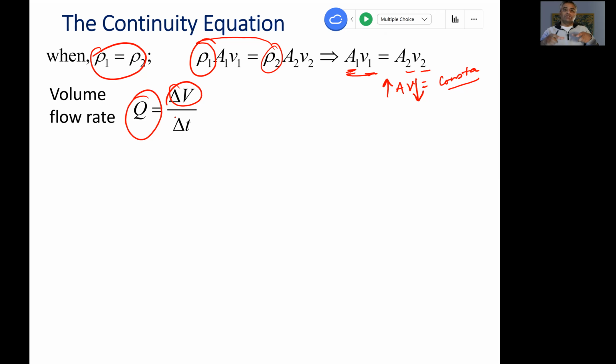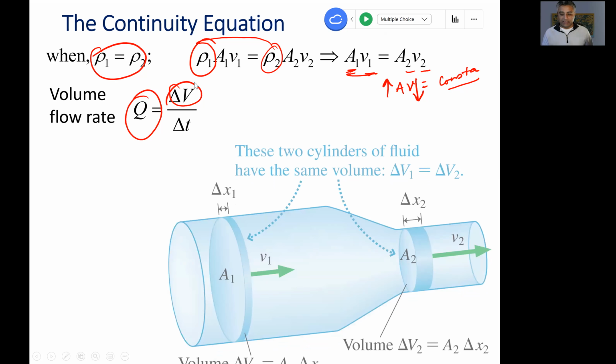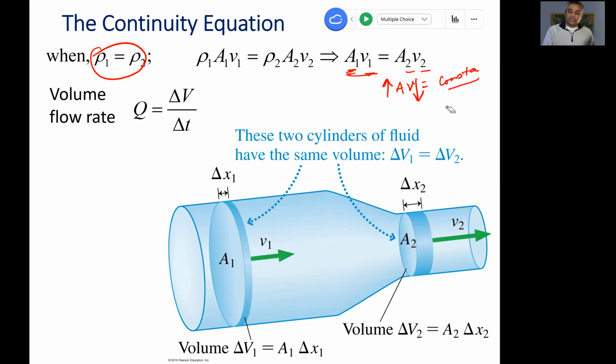Let's suppose you are collecting water from the tap using a graduated flask, cylinder, or measuring cup. You collected it for a few seconds and you now have a volume. Divide that by time, and you get the volume flow rate, right? So just like mass flow rate is the same, volume flow rate is going to be the same as well.